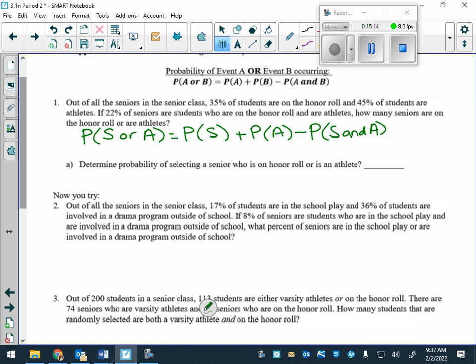So you wouldn't be subtracting anything else, you would just be using the formula. Which means 35% are seniors plus 45% are athletes. Then if we minus the 22 who are both, we will be able to find out the probability who are seniors or athletes.